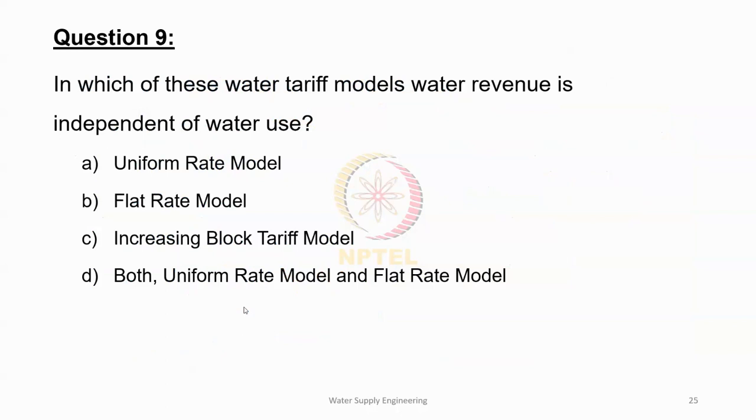Question number 9. In which of these water tariff models is water revenue independent of water use? Option A, uniform rate model. Option B, flat rate model. Option C, increasing block tariff model.